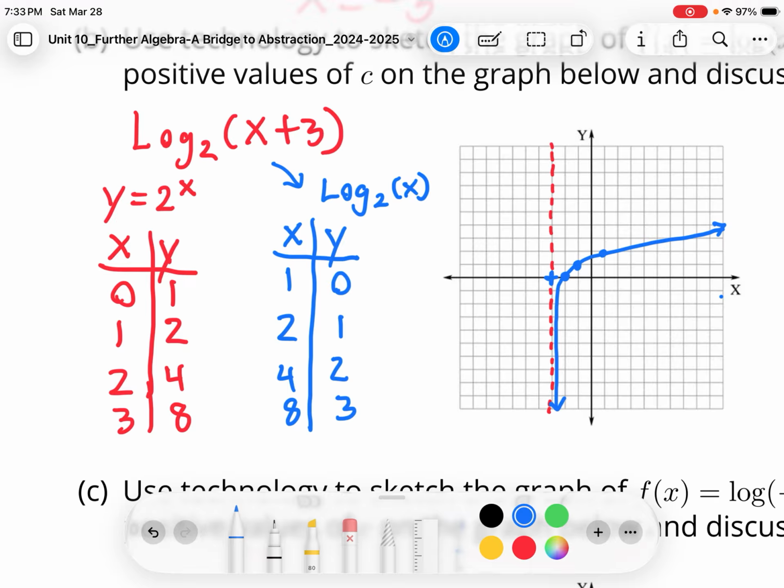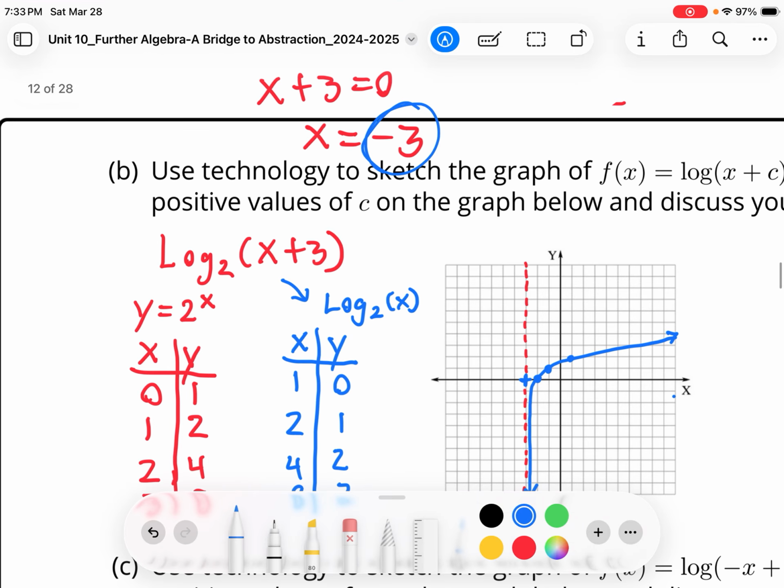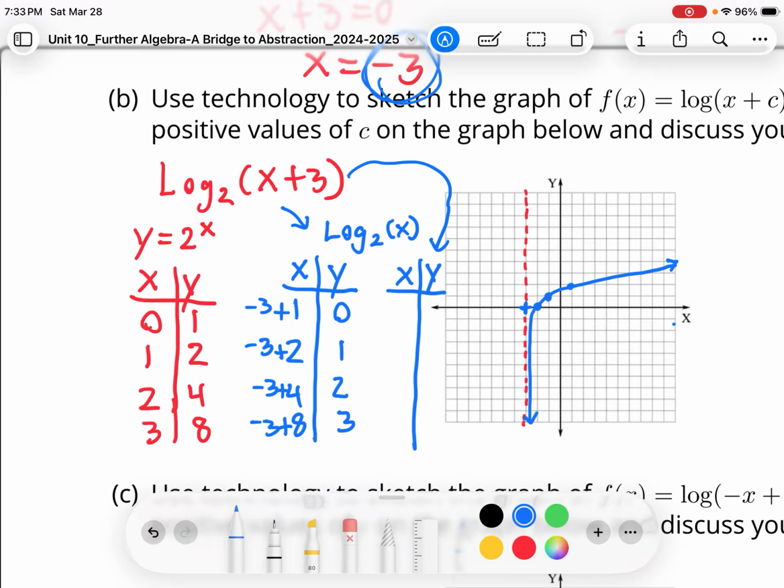All right, another way to do this is, for example, to remember how I said this was -3, right? If you subtract 3 from the x value, notice that I'm putting a plus there, and if I were to create another table, this table that I'm creating now would be the actual table right here.